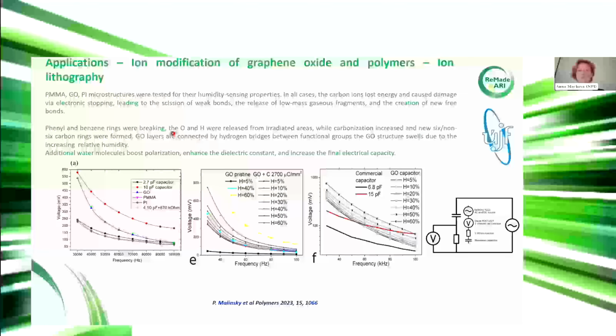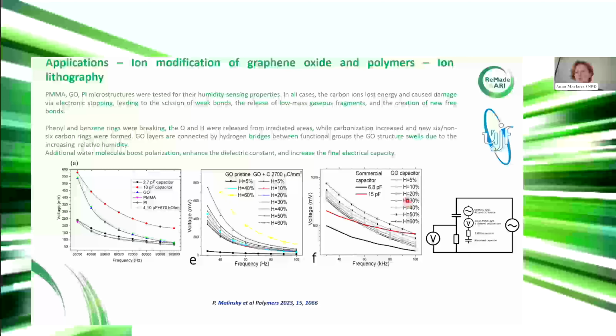Then we tested it and found out that in graphene oxide it works well, because when we measure the voltage frequency dependence, in comparison with a big, standard capacitor, this device functions like a capacitor.